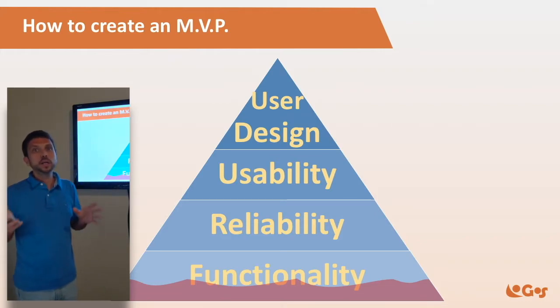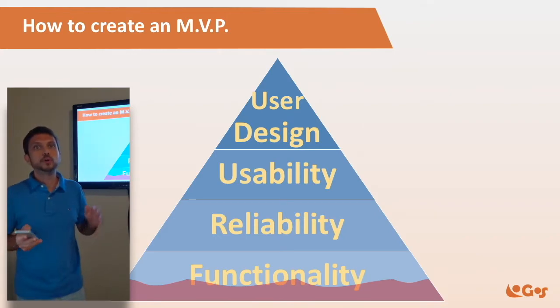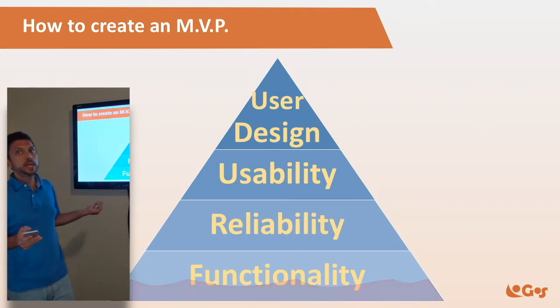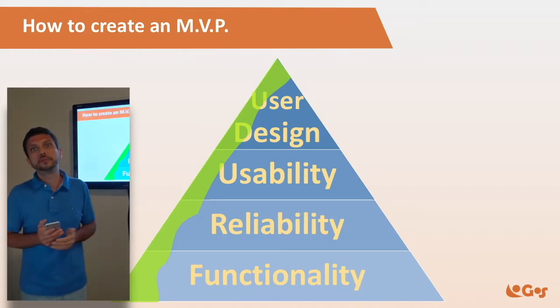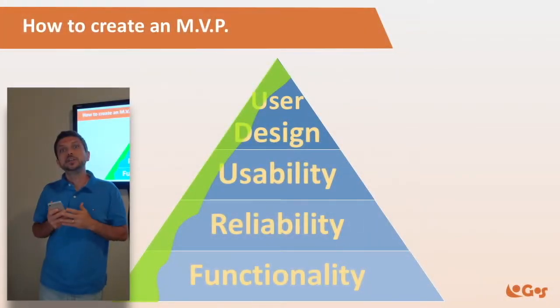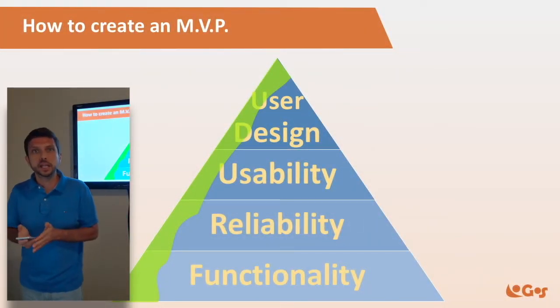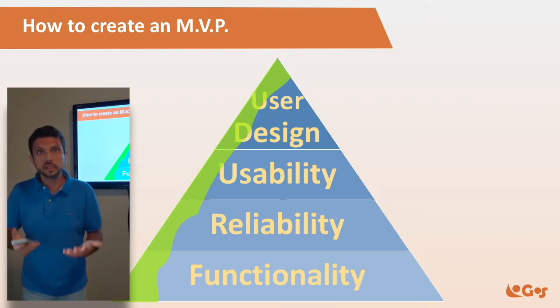So the correct approach for the M.V.P is making just a little bit of all the levels of the product. I gotta have some functionality. I gotta use here the empathy design to develop something that the users will really understand how the final product will be.